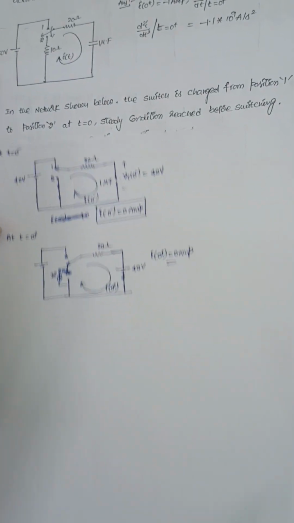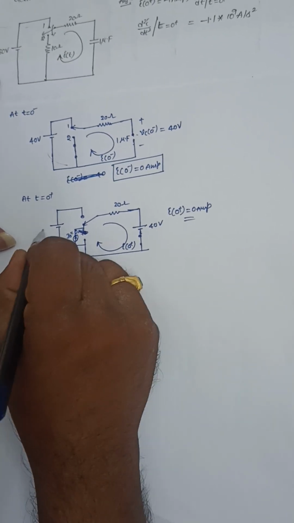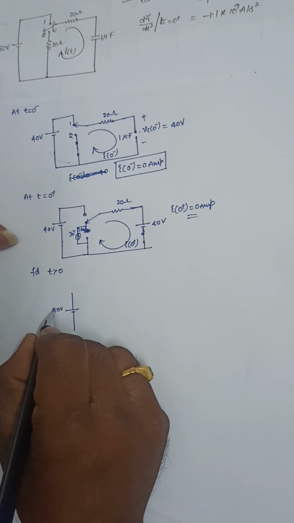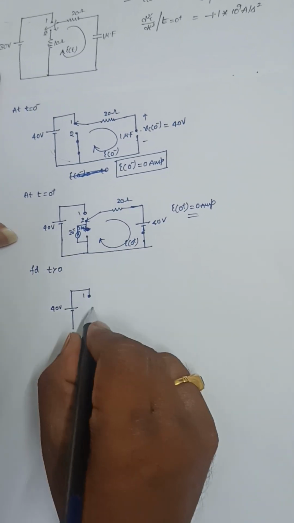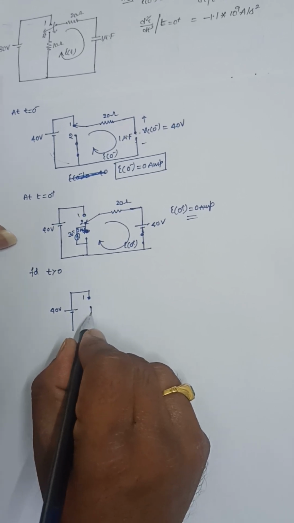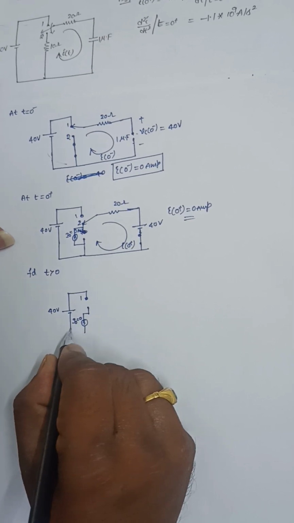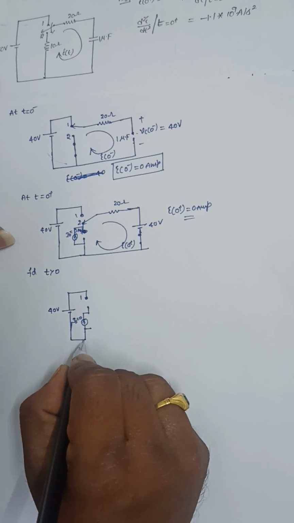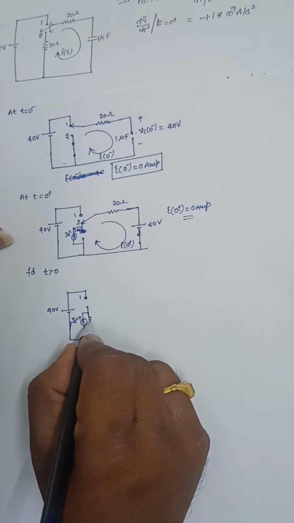Next, for t greater than 0. Draw the circuit. It is 40 volts, position 1 and position 2. So it is position 2. Initial current is 0 amperes, i of 0 is 0.